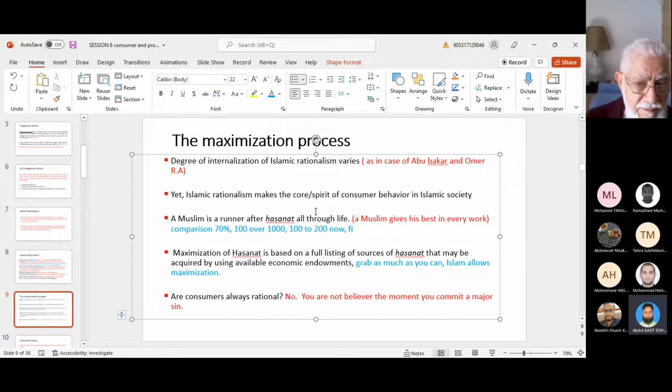So at that time the consumer is not rational. So sometimes the consumer is not always rational. That's natural, and this came, in fact, in Western studies. This is not an invention by Muslims.